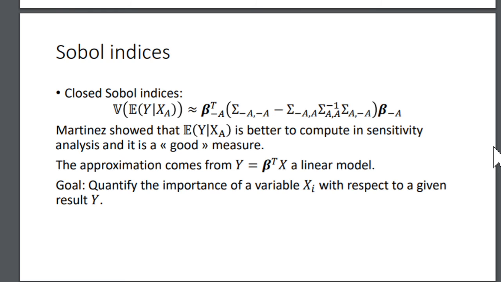So the goal was to quantify the importance of the variable x_i with respect to a given result y. The problem with that is that certain inputs were cross correlated, meaning that x1 and x2 were correlated with each other.